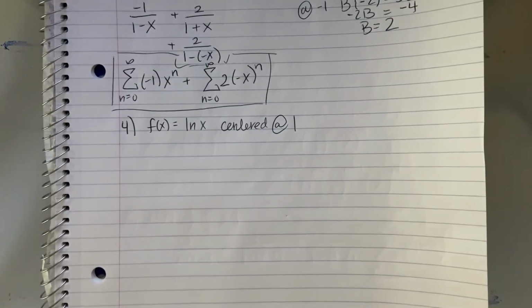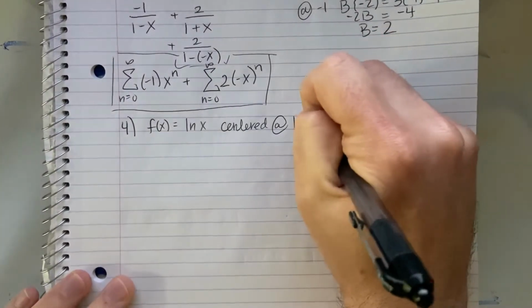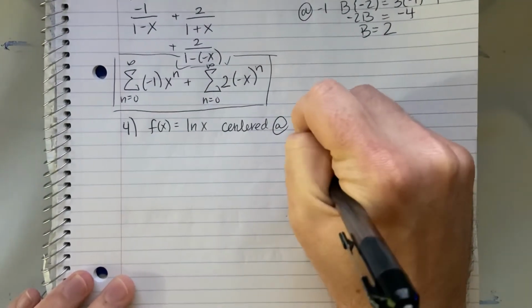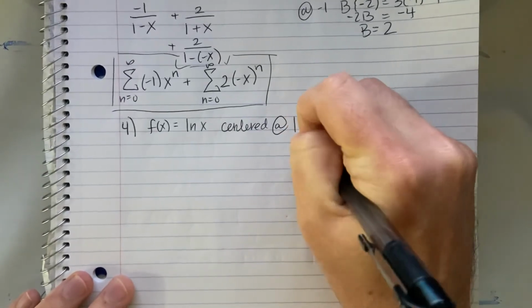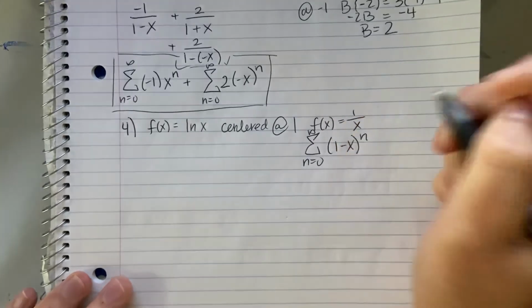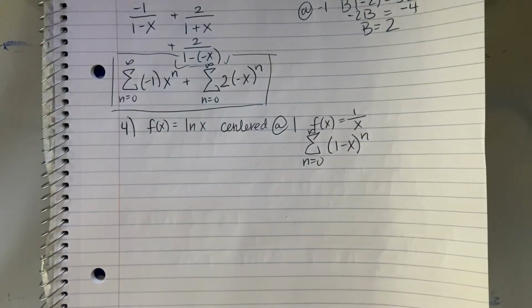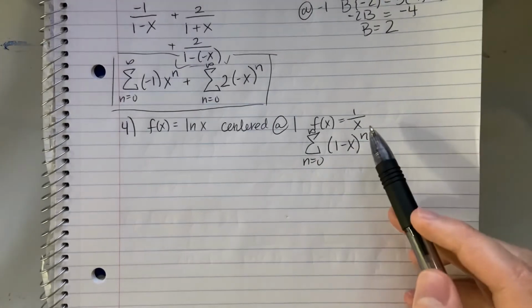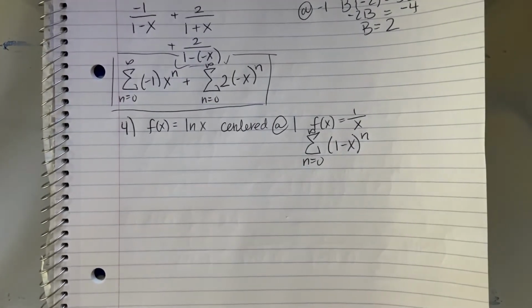Now we already knew from example 2 that for f of x equals 1 over x, we had come to the conclusion that this was the sum of 1 times 1 minus x to the n. The way we had done that is turn it into subtraction by adding and subtracting 1 and putting the 1 up front.